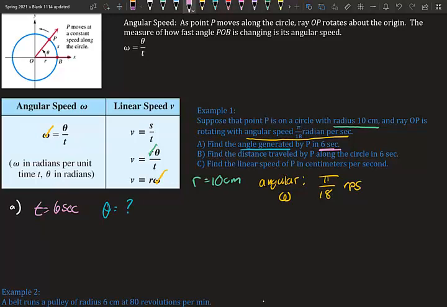So if we have time and we need to find theta, we're going to be using the formula omega equals theta over t. We have our omega, which is pi over 18, and that equals theta over t, which is 6.